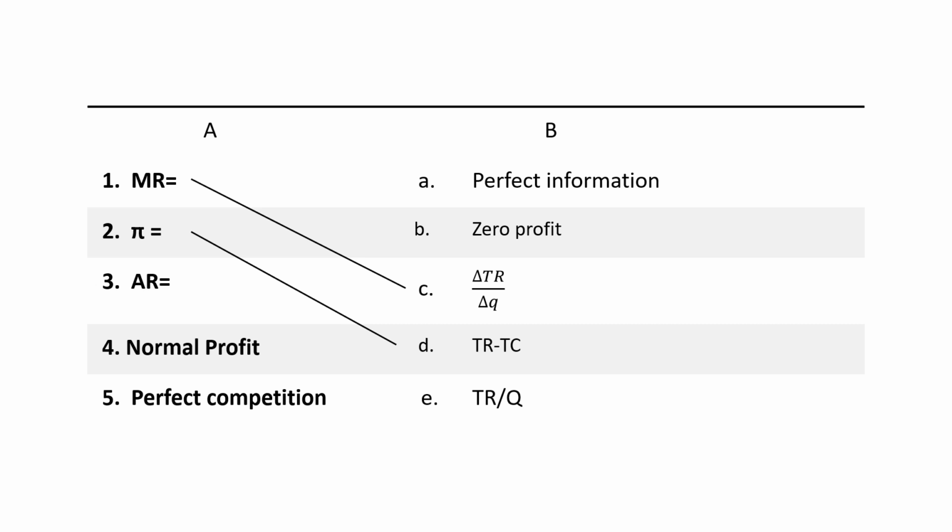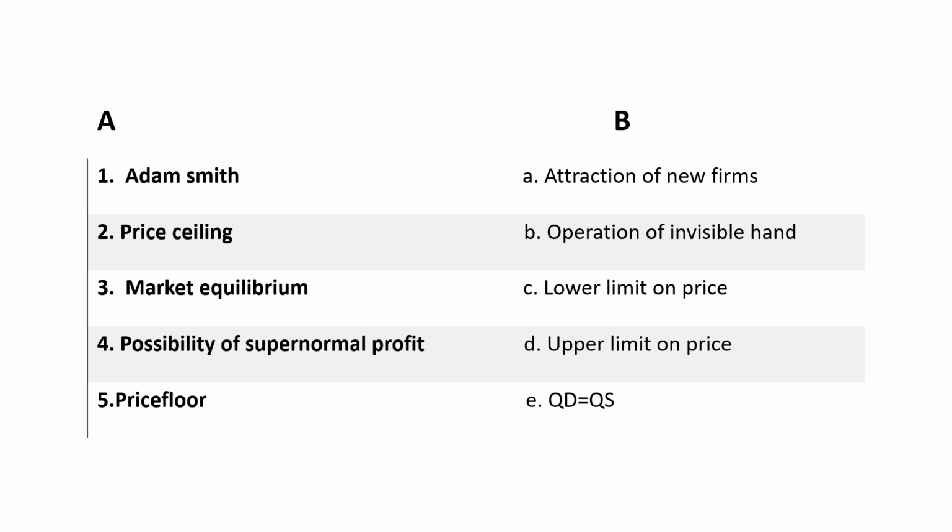AR equals average revenue. Average revenue is nothing but TR divided by Q. Normal profit, for zero profit condition, we call it as normal profit. Perfect competition, perfect information.